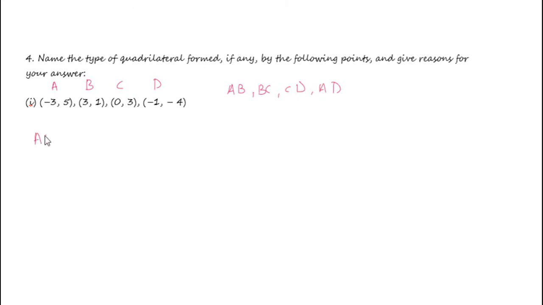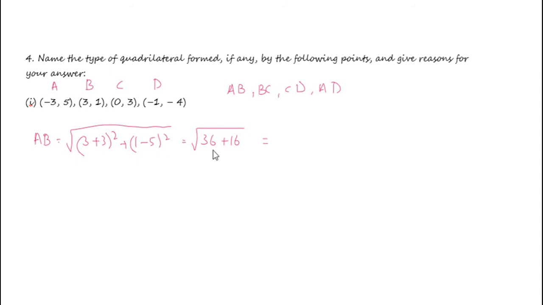Now AB is square root of x2 is 3 minus 3 plus 3 whole square plus y2 is 1 minus 5 whole square, this is square root of 36 and 1 minus 5 is 4 square is 16.